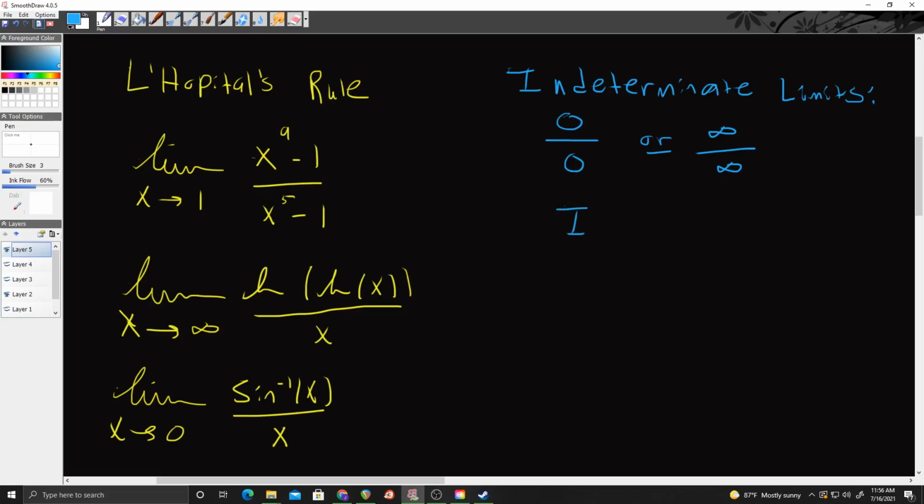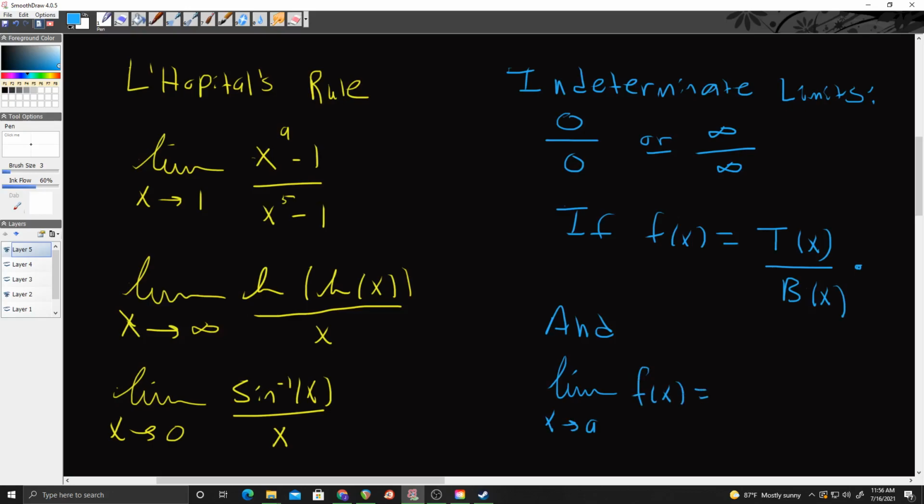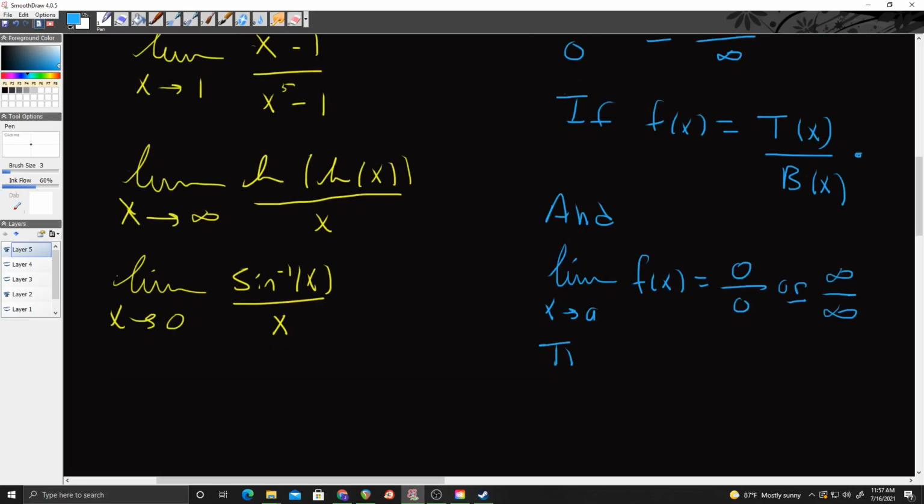So if f of x is a quotient, let's say we have t for top and b for bottom, and the limit as x approaches whatever of f of x equals 0 over 0 or infinity over infinity, then we figure that limit out this way.